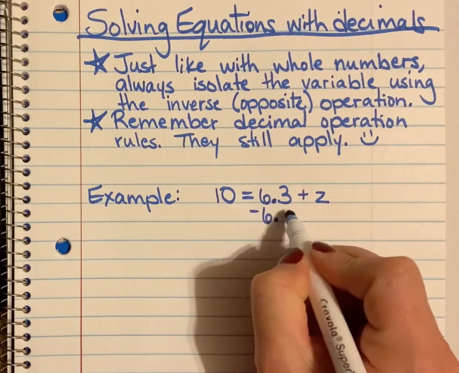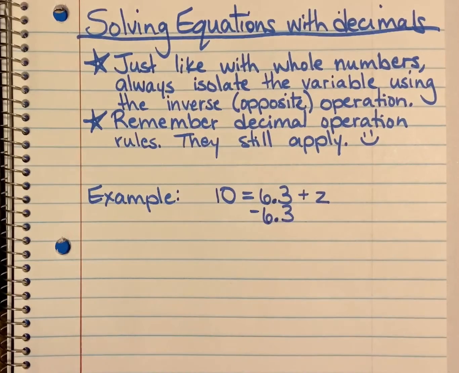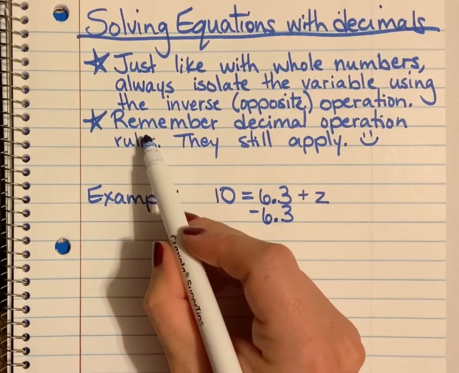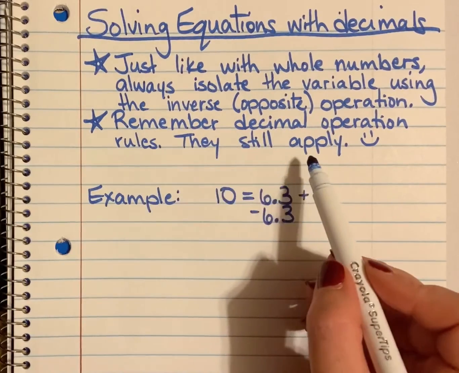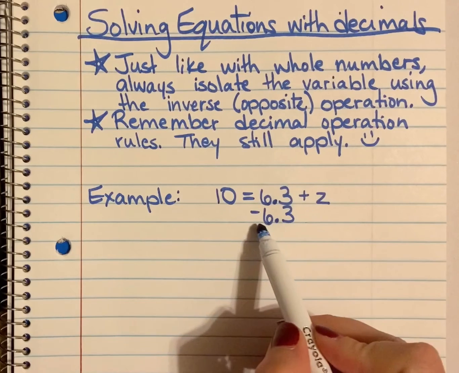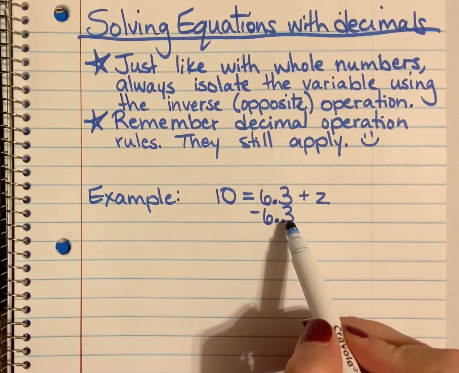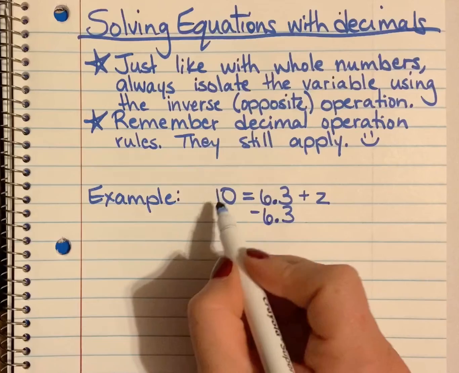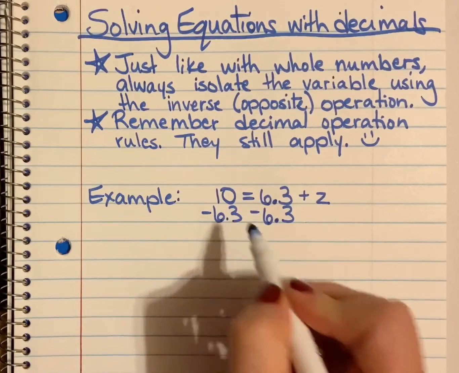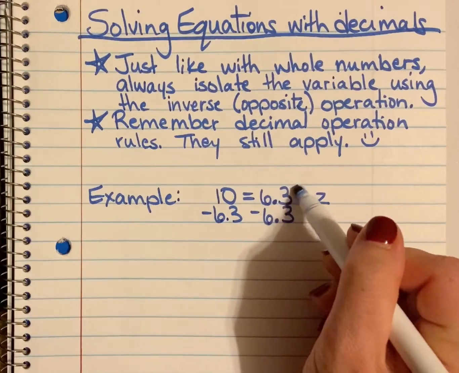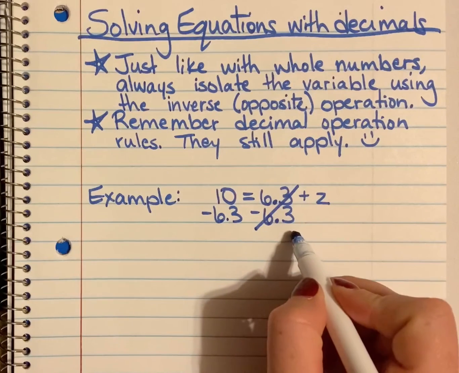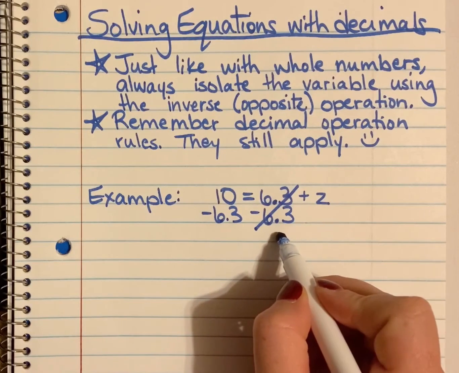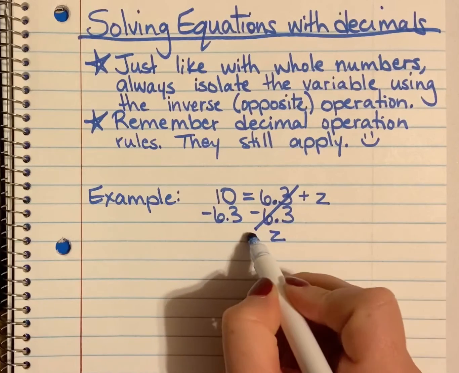I'm going to subtract 6.3. But I must remember that my decimal operation rules still apply. If I'm subtracting 6.3 on one side, I must also subtract 6.3 on the other side. That cancels out. The only thing left on the right-hand side of the equal sign is my variable.